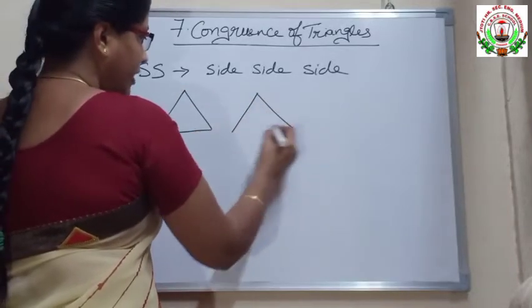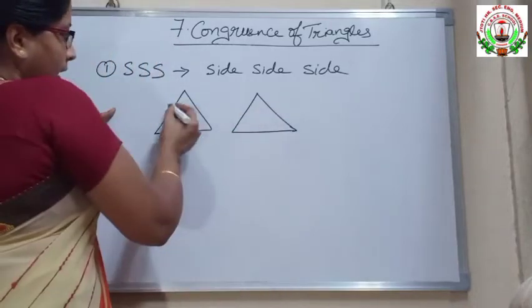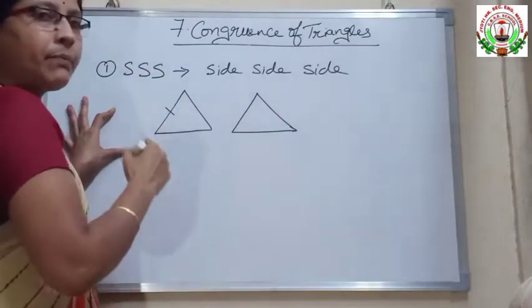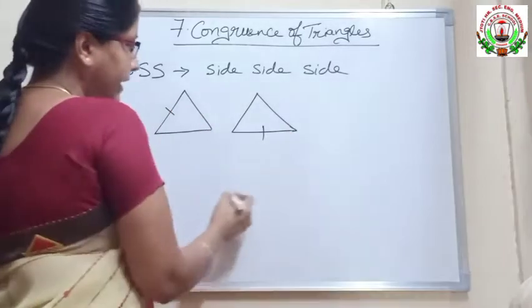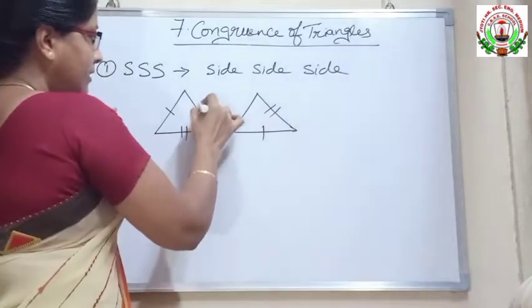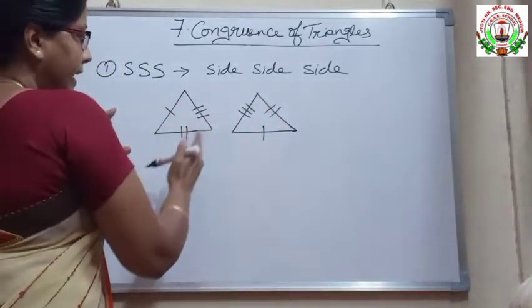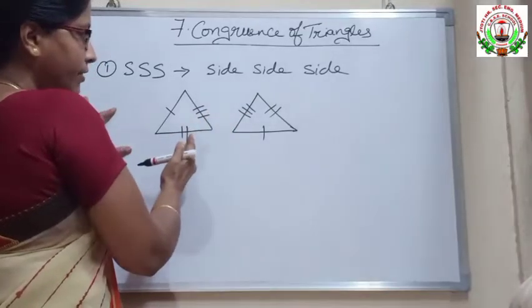I have drawn two triangles here. This side may be equal to this side. This side may be equal to this side. This side may be equal to this side. See, there are 3 sides in the given triangle.